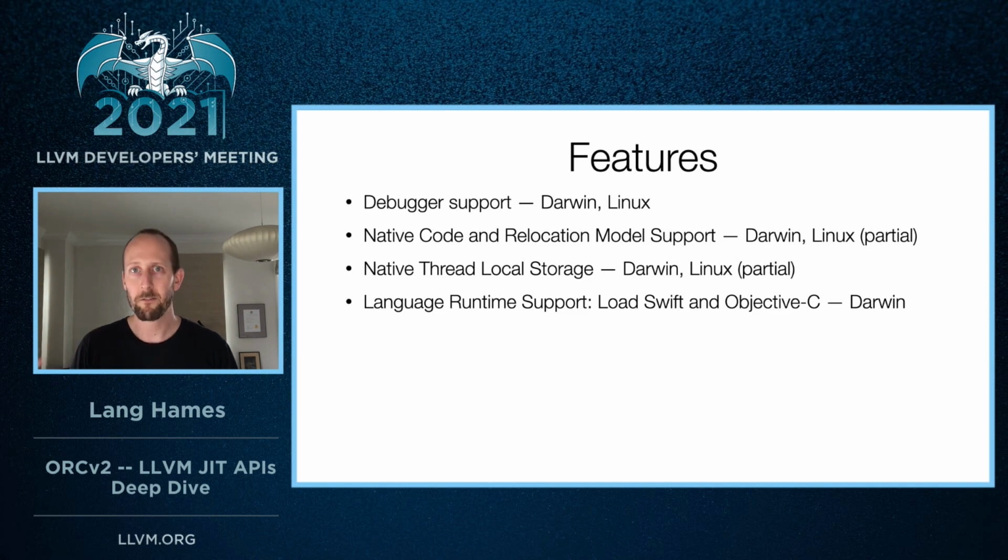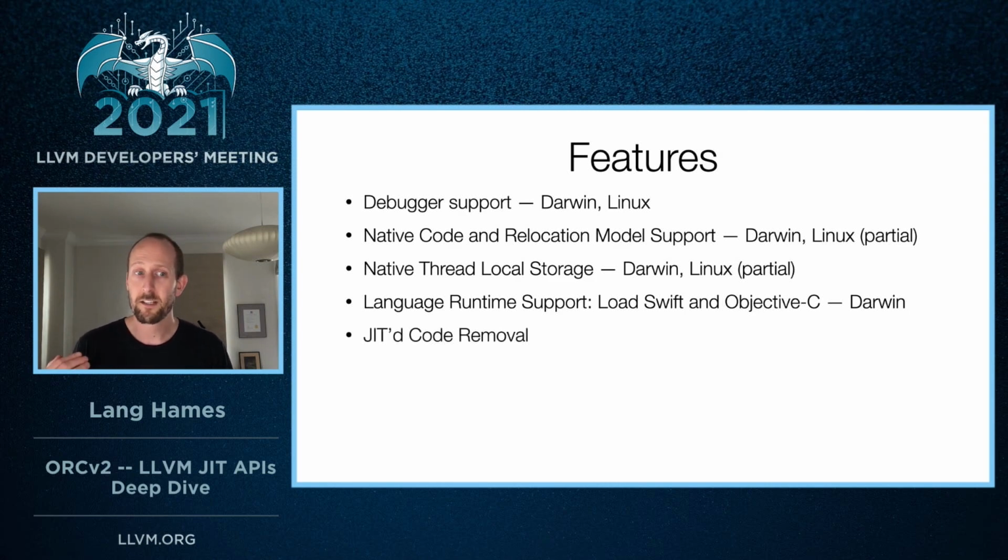If we can emulate the features of the object runtime, that is the environment that we usually link code into, then not only can we reuse existing compilers, we can reuse existing pre-compiled code. That includes existing static archives that you might have around. A particularly interesting use case for this is we'd love to just be able to link compiler RT into your JIT so that you can use compiler RT features without having to build a second copy of our compiler RT specifically for the JIT. So that's what we're working towards.